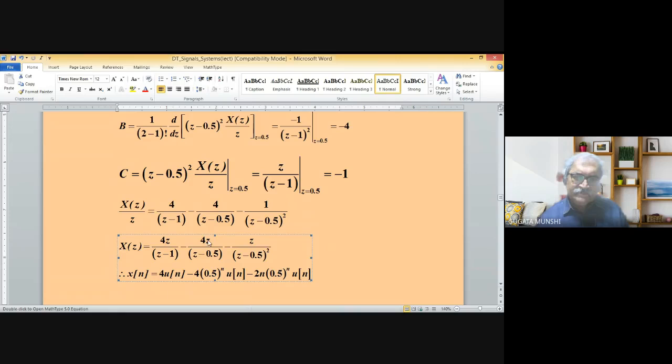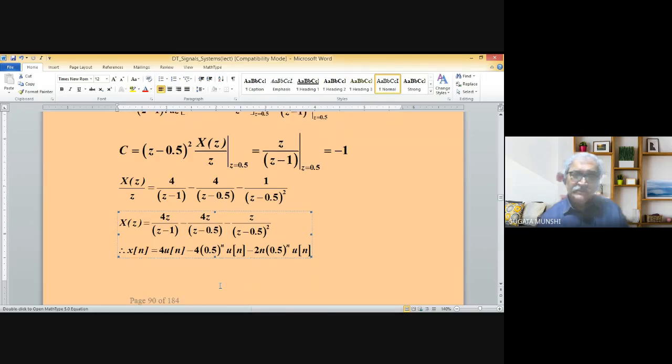The inverse z transform for the second term will be minus 4 times 0.5 to the power n u(n), and for the third term there will be a multiplication by n. Remember, that is the reason why you are having (z minus 0.5) whole square. So it's minus 2 n (0.5) to the power n u(n). That is x(n). Only one ROC was mentioned.